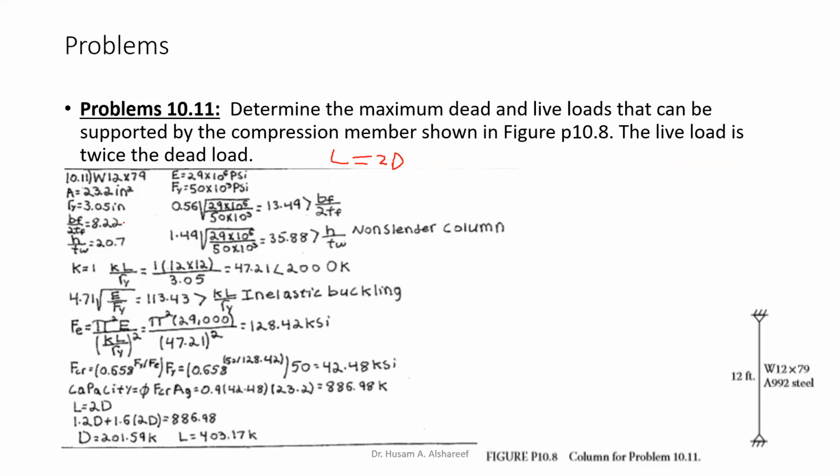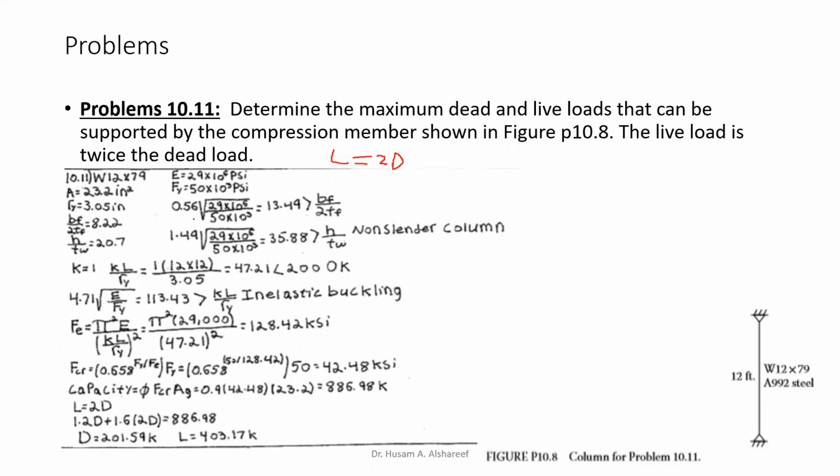And then we compare this value and this value to table 10.1. We know because it's a W section, it has the strong side and the weak side. So we have to consider and compare to understand if the column is a non-slender column or a slender column.